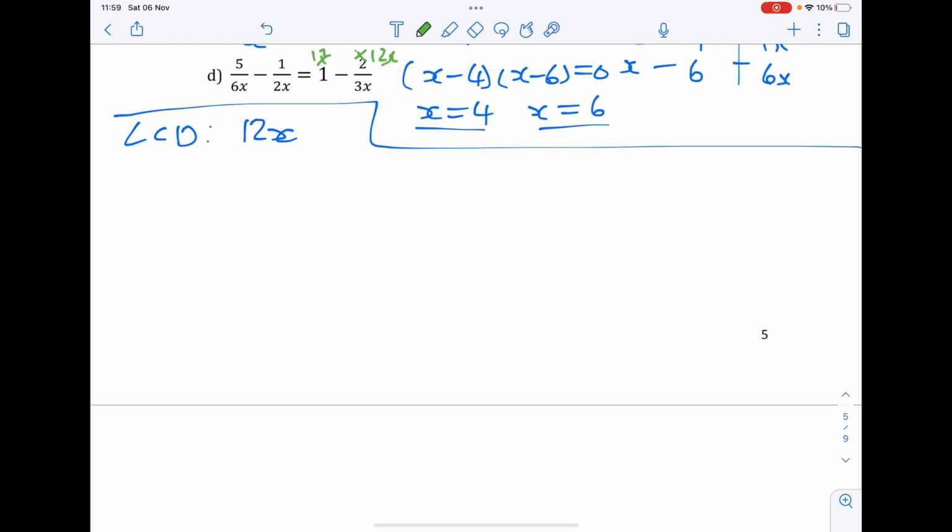The 1 also needs to be multiplied. Okay, then the x's cancel, 6 goes into 12 twice. The x's cancel, 2 goes into 12 6 times. The 1 is over a 1, so 1 goes into 12x 12x times, so we leave it. The x cancels with the x, 3 goes into 12 4 times.